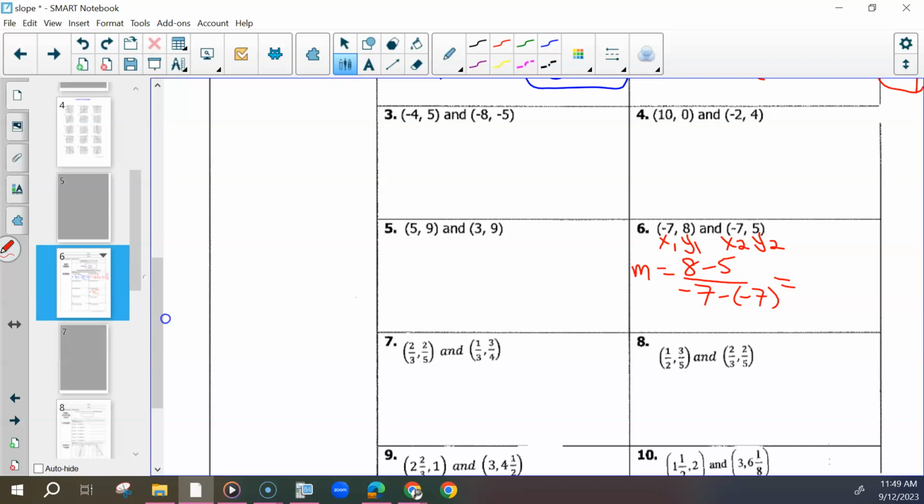What happens when we subtract these 7s? They equal 0. And then if we have something that's over 0, what type of slope is that going to be?